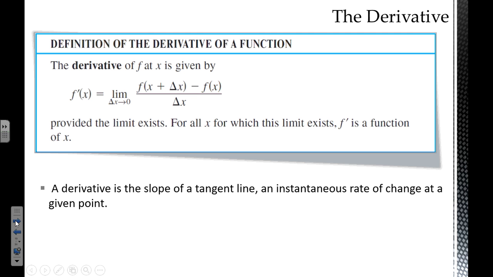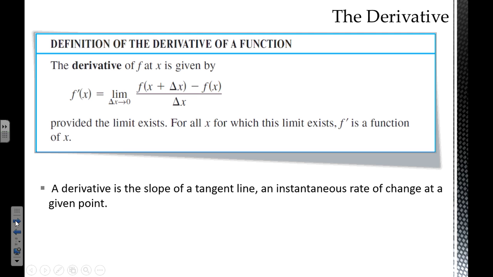Okay? Now, let's read this again. A derivative is the slope of the tangent line, which is also the instantaneous rate of change. You need to be able to take those three meanings and interchange them. Instantaneous rate of change, slope of the tangent line, derivative. They all mean the same thing.